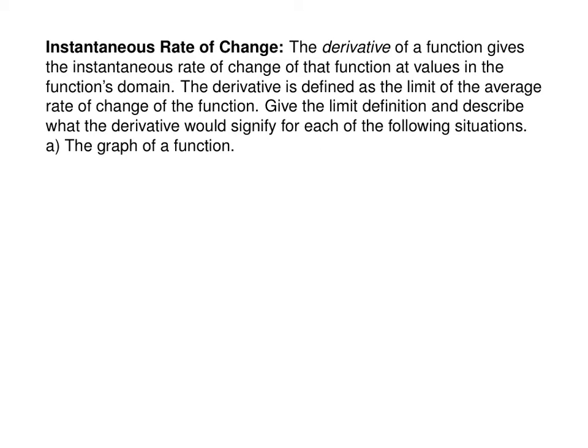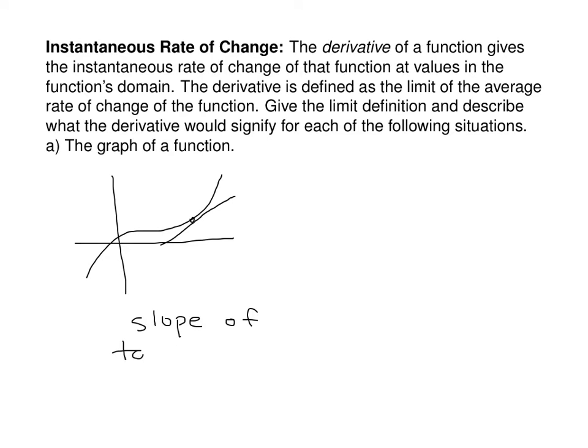Situations. If you have the graph of a function, now this derivative is the slope of the tangent line. And the tangent line is a line that passes through that function and has the same general direction and shape as the function at that particular point.